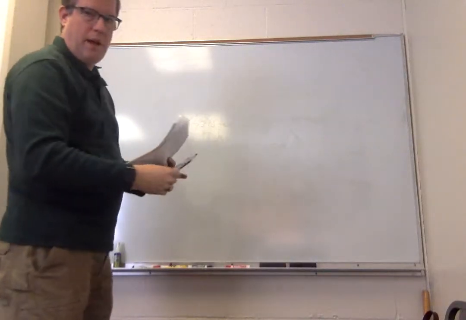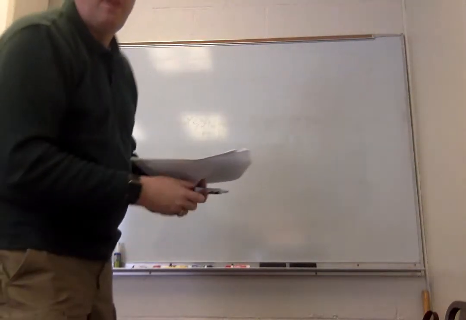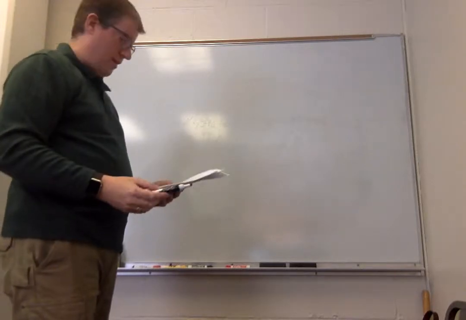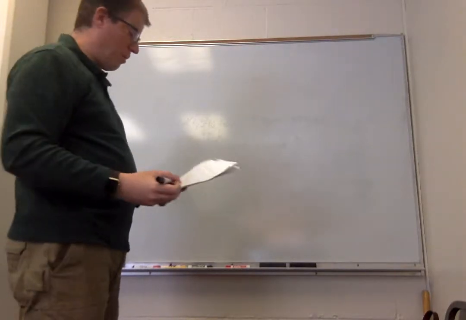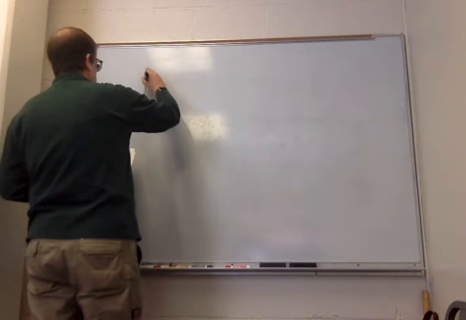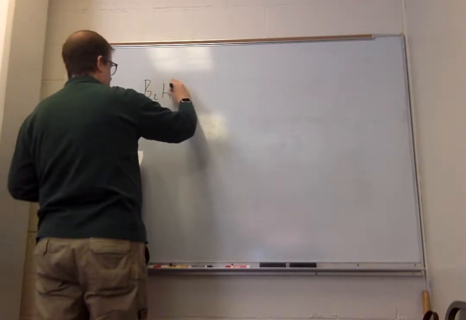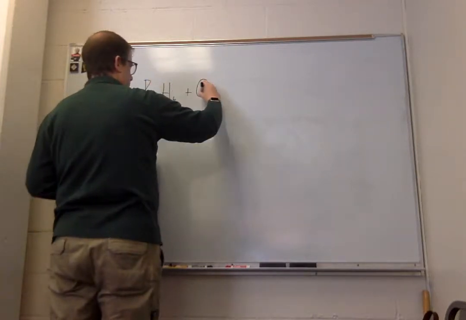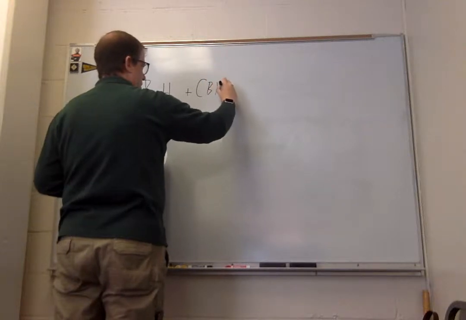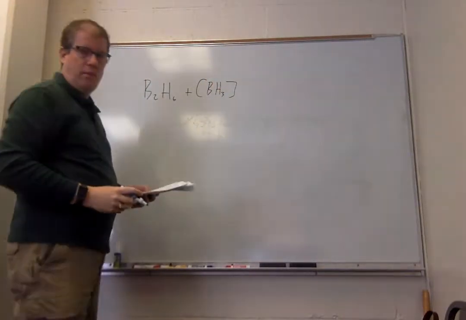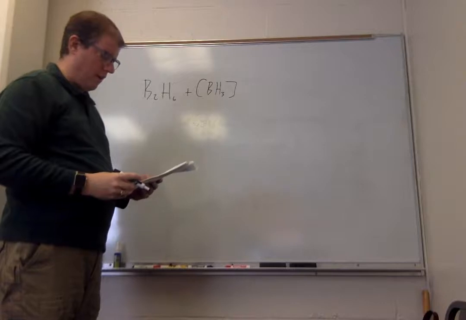Next, that actually combines with the dimer to give the first, if you will, cluster formation. So B2H6 combines with the unstable BH3 that's generated.